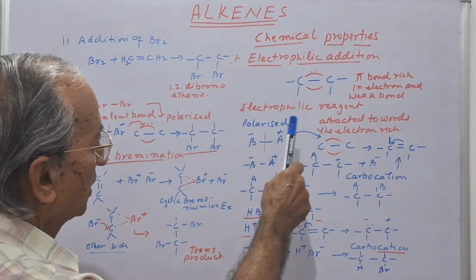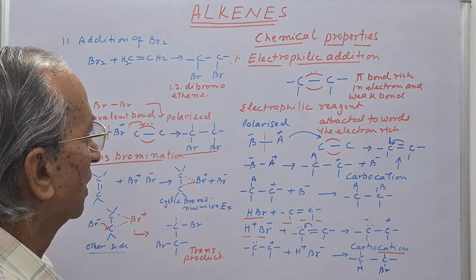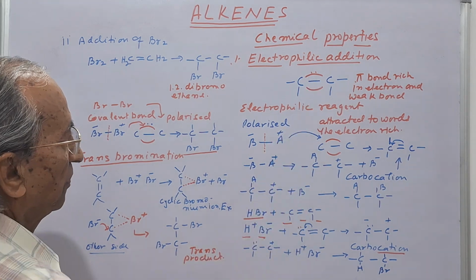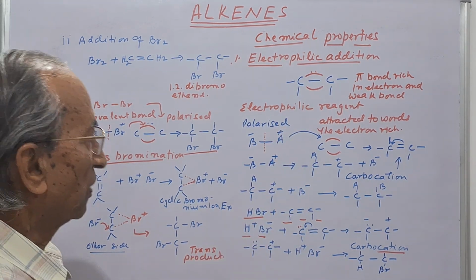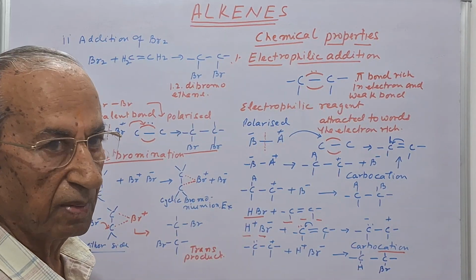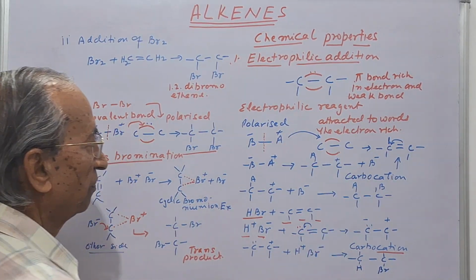Now, how does this electrophilic addition take place? You see, the pi bond forms a cloud around the sigma bond, and it is a weak bond.